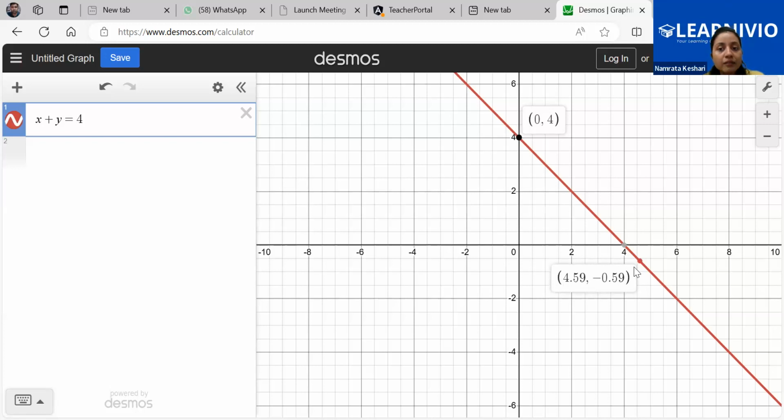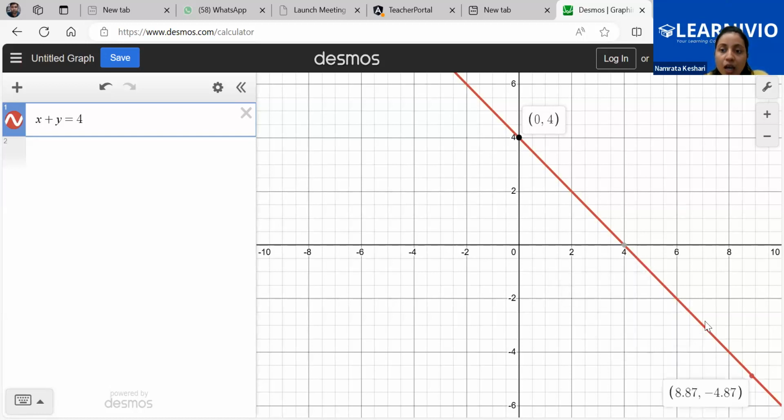If you add these two numbers, you are definitely going to get 4. If you add 4.59 and a negative number, your result will be 4. So this is also one of the possible solutions. A solution can be positive, negative, or a decimal number.